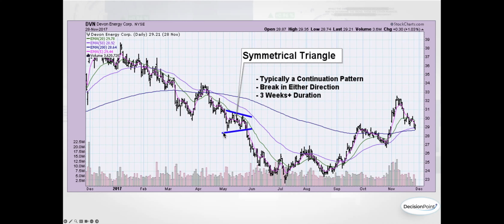You have the rising bottoms and declining tops. Basically, they're going to come down into an apex. That's what you're looking at with the symmetrical triangle. So we talked about the ascending triangle. Remember, that was flat top, rising bottoms. Symmetrical triangles have the rising bottoms, declining top.